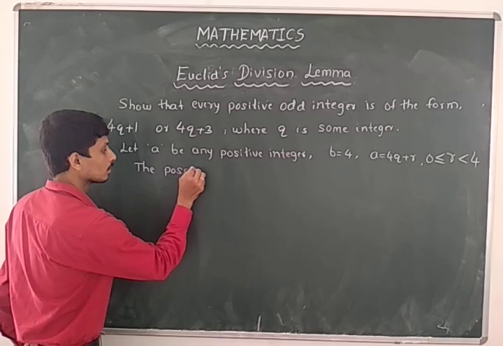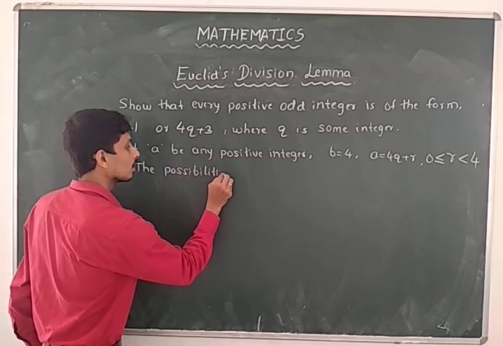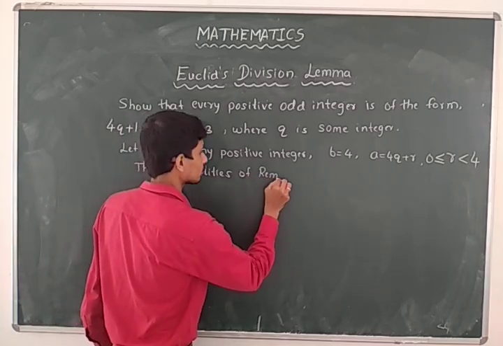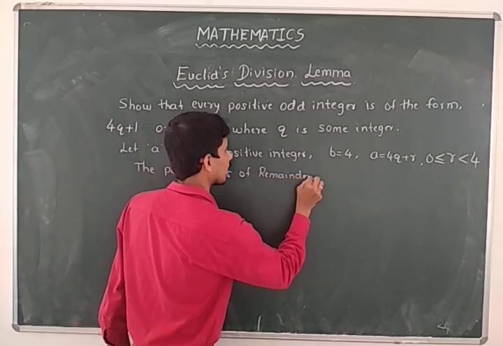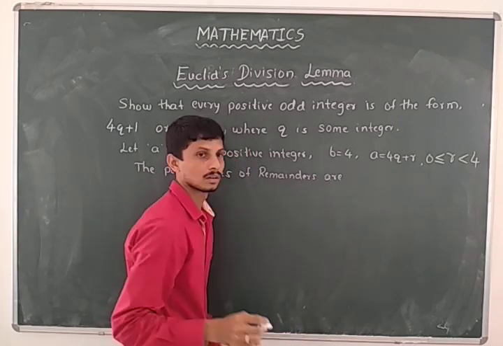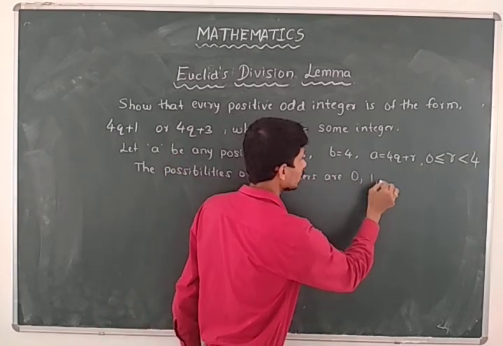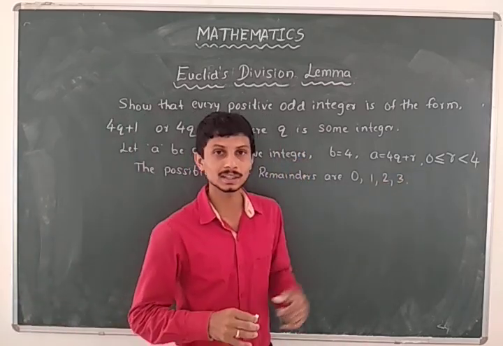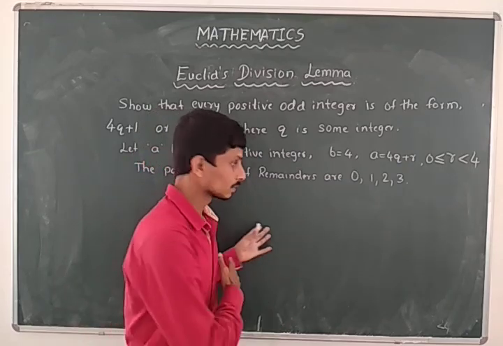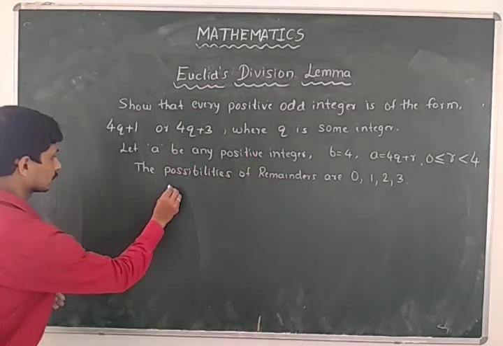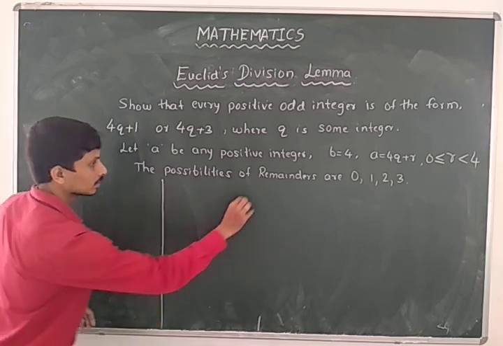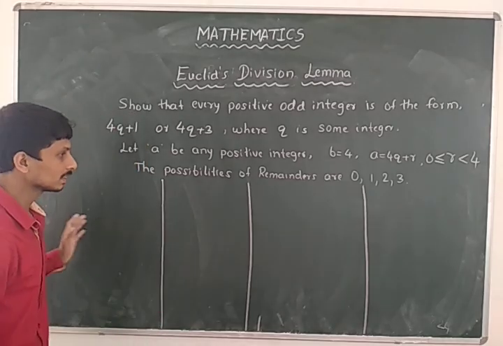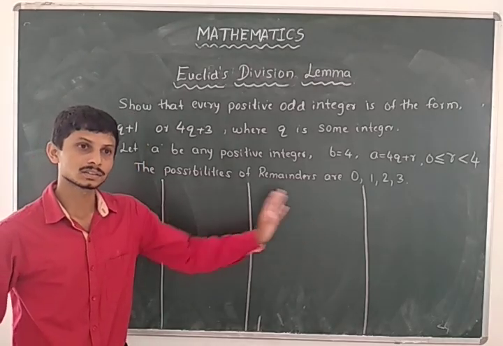The possible remainders are 0, 1, 2 and 3. So here there are 4 remainders. We have to divide this blackboard into 4 parts: part 1, 2, 3 and 4, so we can analyze them easily one by one.